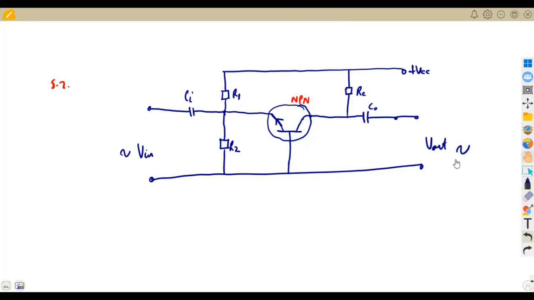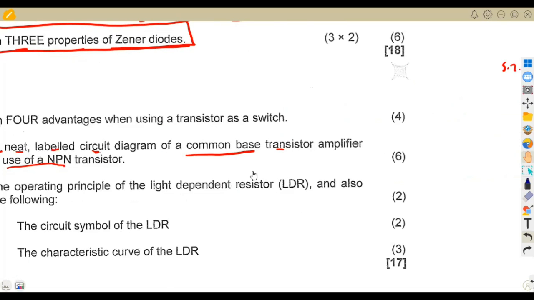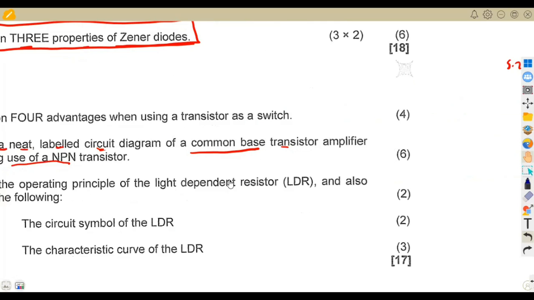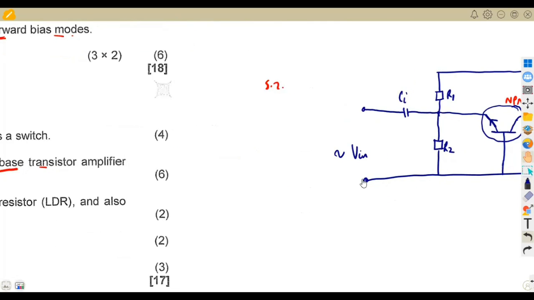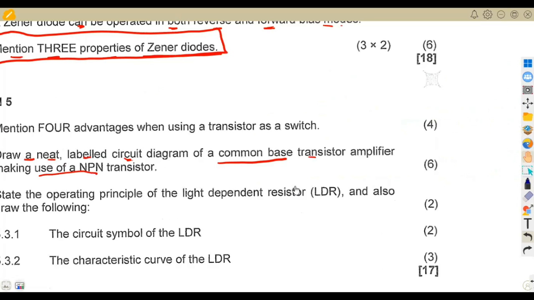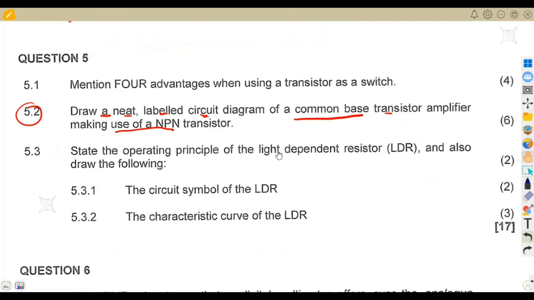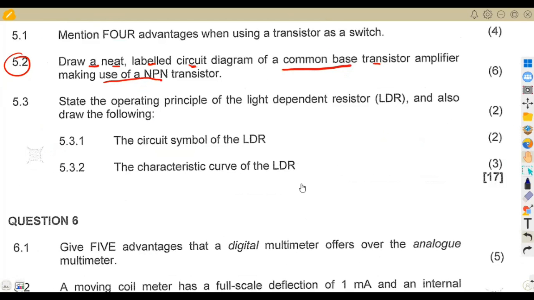So with the NPN transistor, that is how we could have our common base. That's why we have to get our base to the ground. And that was the major part.